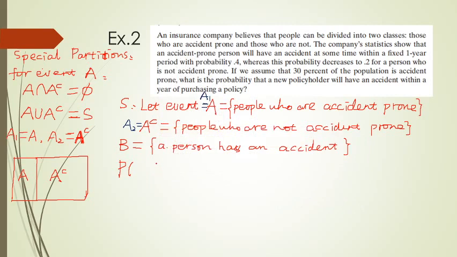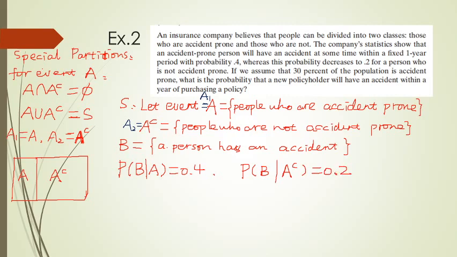So given this person is accident prone, the probability of having an actual accident is 0.4. And then if the person is not accident prone, of course it makes sense, the probability of having an accident decreases to 0.2.